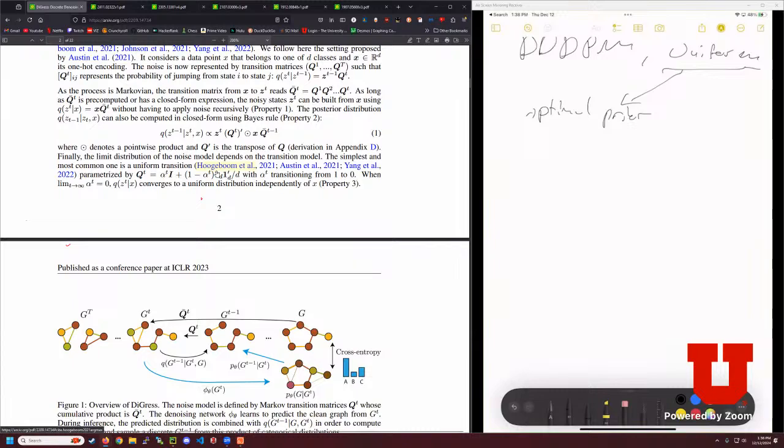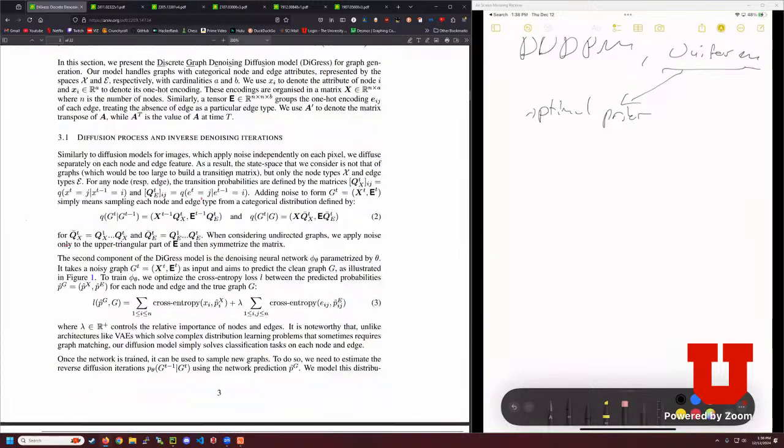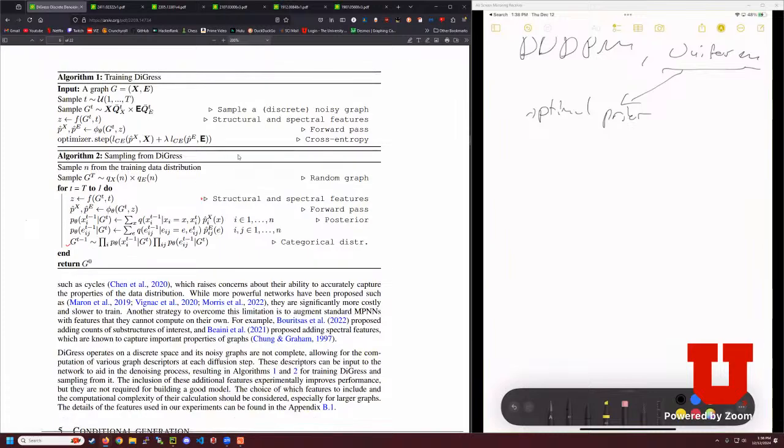Can we go back to algorithm 1? So you see, G_t is corrupted. X and E are some instance, some particular valid graph from the training data. You first corrupt it by multiplying Q bar t X and Q bar t E, and you get a noisy graph.